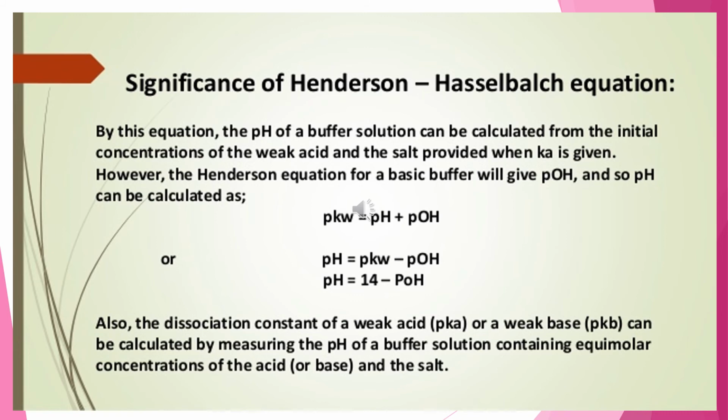So pKw is equal to pH plus pOH, or pH is equal to pKw minus pOH, or pH is equal to 14 minus pOH. Also the dissociation constant of weak acid pKa and weak base pKb can be calculated by measuring the pH of buffer solution containing equimolar concentration of acid or base and the salt.